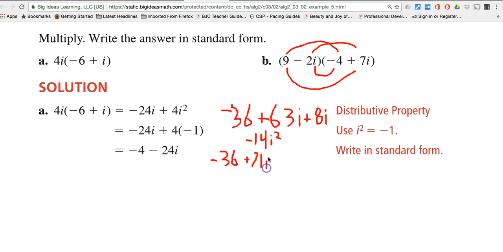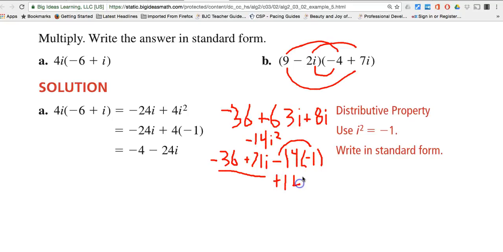And then when we have minus 14i squared, remember, i squared is just -1, so we get -14 times -1. I'm doing this one step at a time so everybody can see what our process is for getting rid of i squared. So this remains the same, but -14 times -1 gives us plus 14.